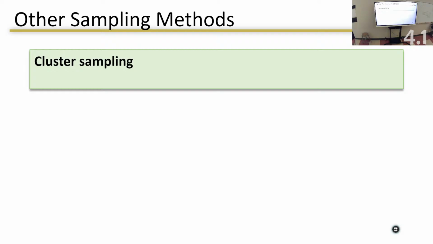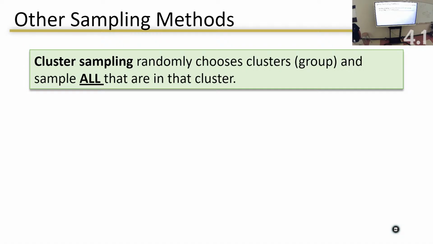Cluster. I don't want to say you put them in groups. Typically, they're already in groups, but we don't want them homogeneous. So they're in groups. Randomly choose groups and survey them all.